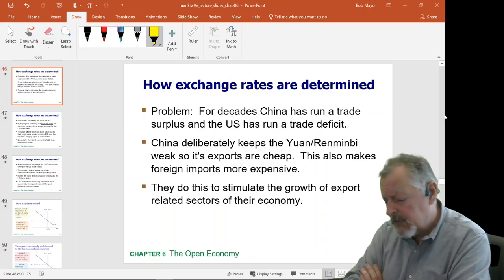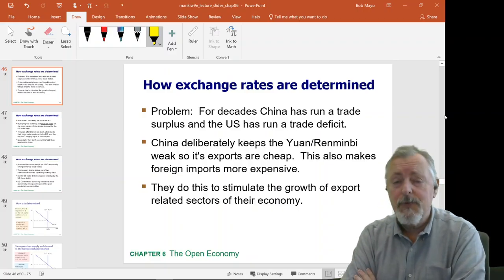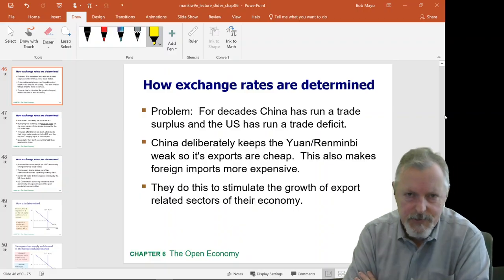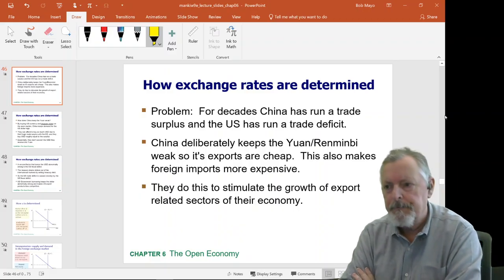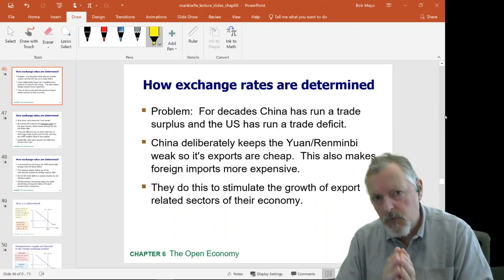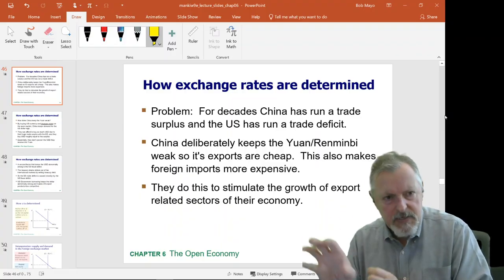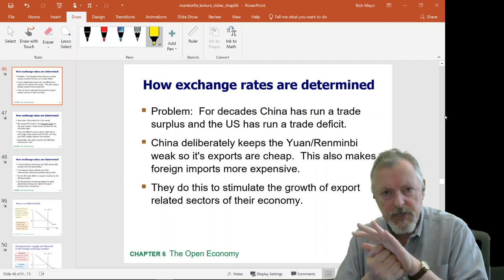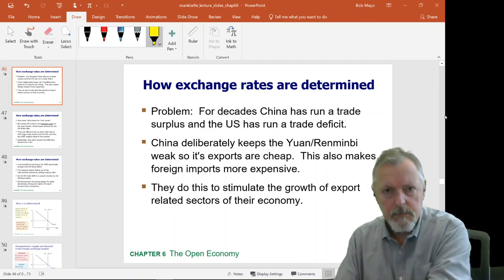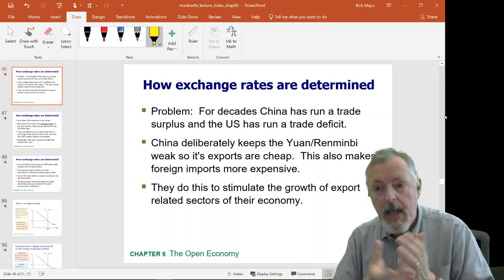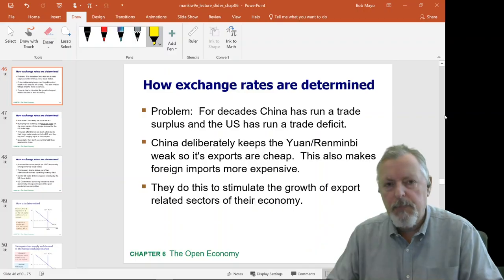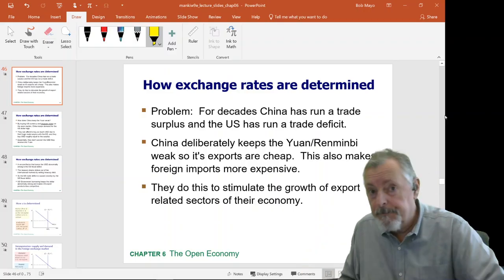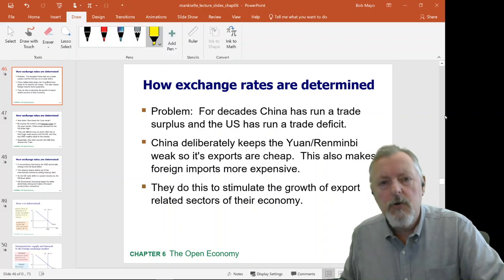Those who love Trump, those who hate Trump, we all acknowledge, yes, China actually does this. China's economic growth has been built, like many of the East Asian economies, on exports, encouraging the growth of export industries. How do you help your domestic exporting industries? You keep the value of your currency low.